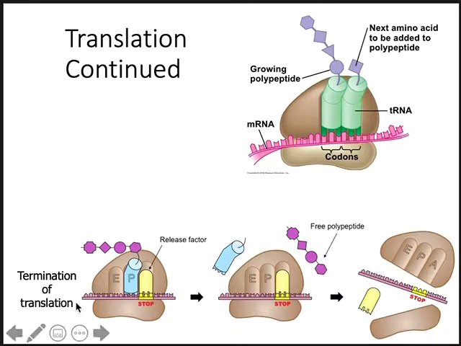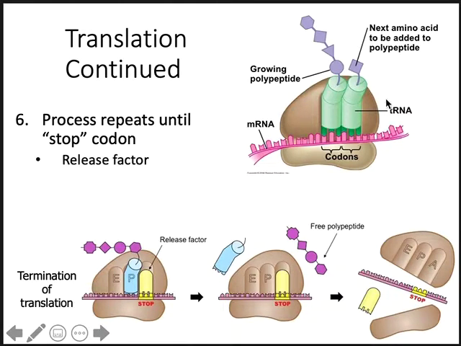So this is showing you just like the animation you just watched, but let's go ahead and go through it. So you have your complex, small ribosome on the bottom, big ribosomal subunit on the top. The green things are the transfer RNAs, or tRNAs.